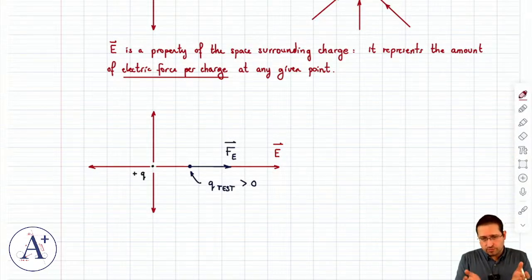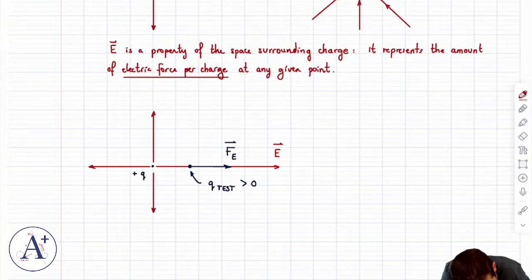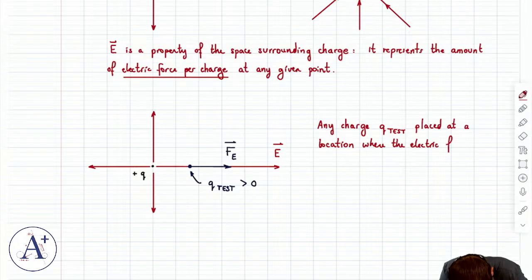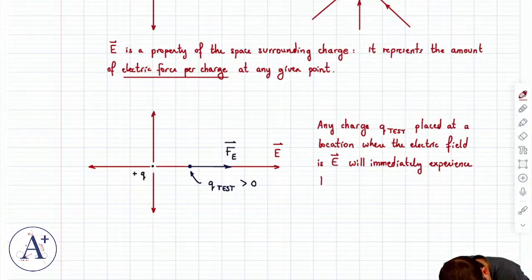So what we're trying to say is that the electric field represents the amount of force per charge at a point, and therefore a consequence is that any charge Q test placed at a location where the electric field is E will immediately experience the electric force.